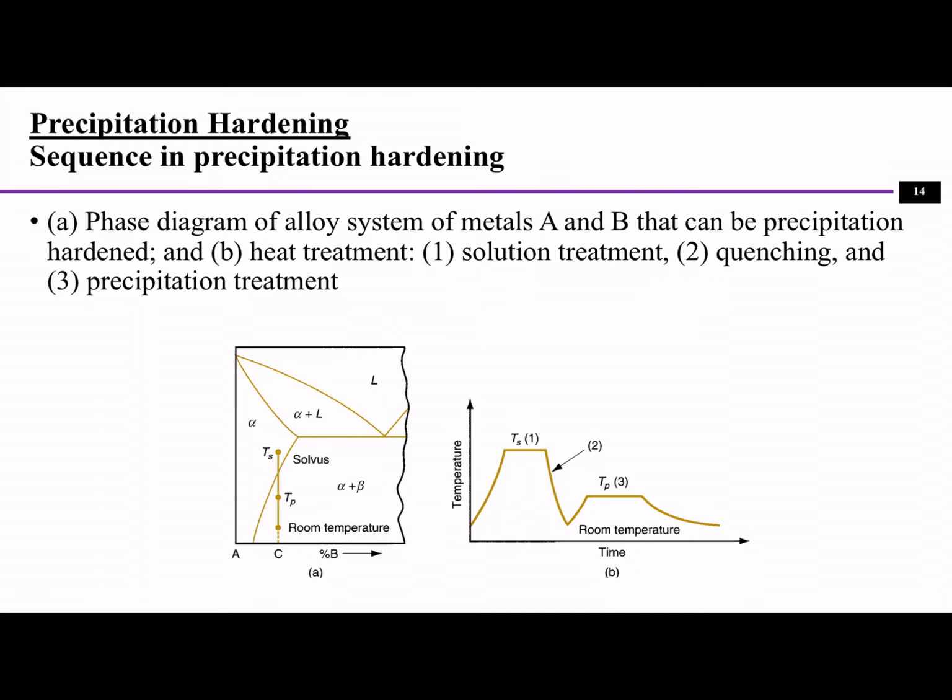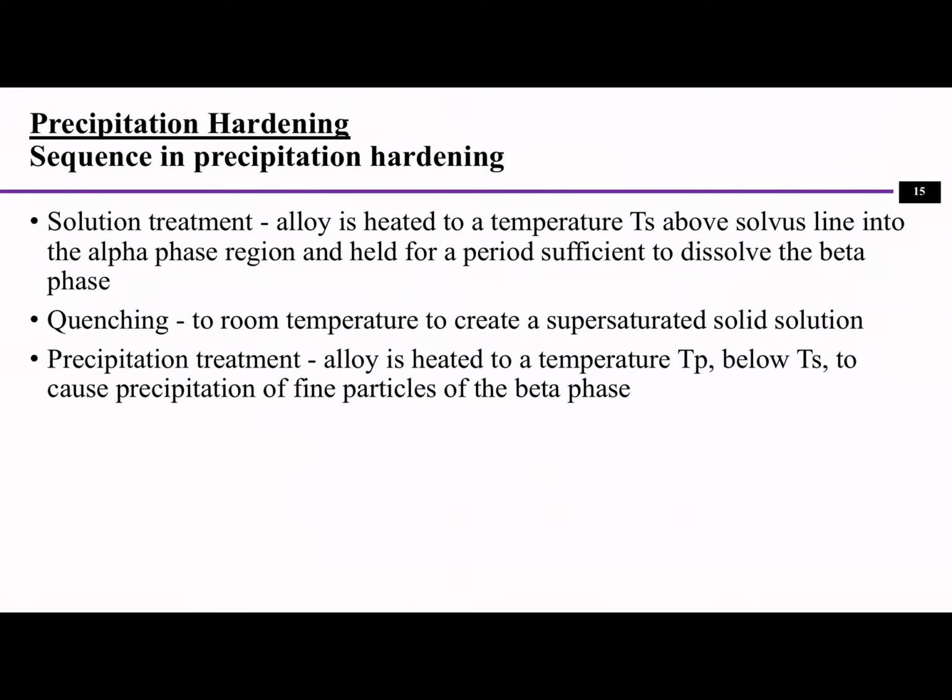And then we heat up the temperature again to a Tp, right? And then slowly cool down back to room temperature. During this process, especially the precipitation treatment, it will cause the precipitation of fine particles of the beta phase at room temperature.